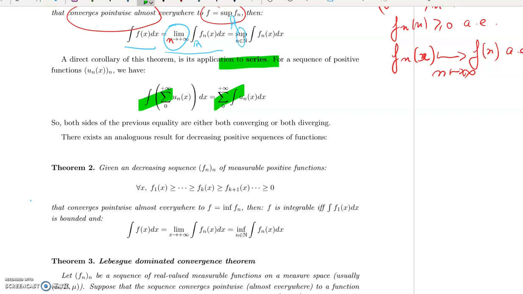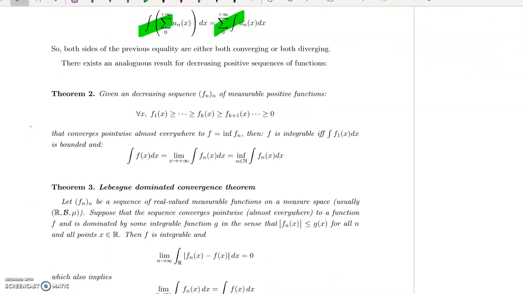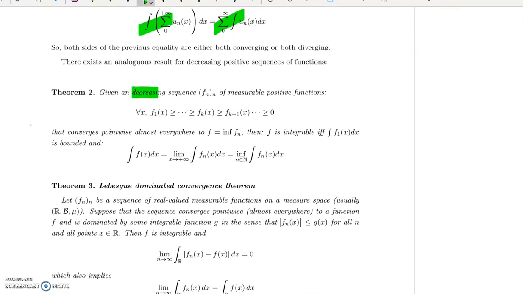We also saw that we could extend this theorem to decreasing sequences. In that case, we still have measurable positive functions. This time, the sequence is decreasing pointwise, so f_k of x is greater or equal to f_{k+1} of x.